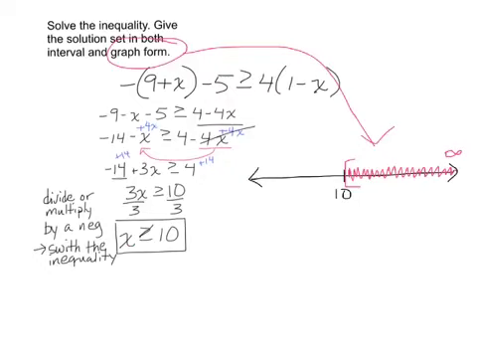So the low point of our shaded region is 10, so we've shaded everything from 10 all the way up to infinity, and we always put the smaller number left and the bigger number right. And at 10 itself, we are including it, so we're going to put a square bracket there. But for infinity, we don't include it, and we never include infinity or negative infinity. And so this is interval form right here.